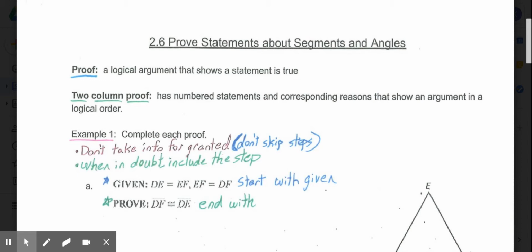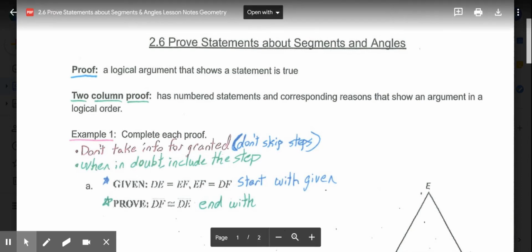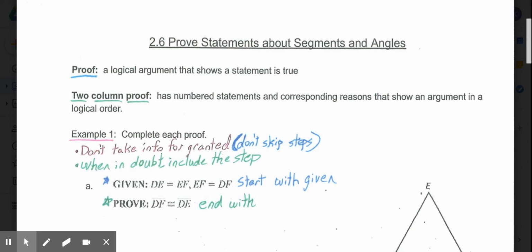There are a couple of things you want to keep in mind when working with proofs. In a proof, we do not take any information for granted. What I mean by that is if you're getting rid of a negative sign, there has to be a reason or justification for that step. You would say it's the multiplication property of equality because you're technically multiplying by -1.